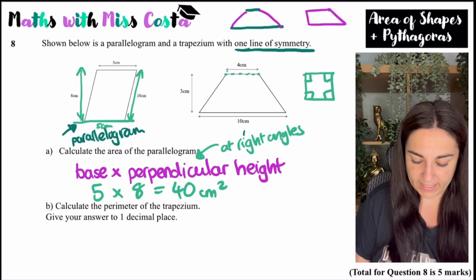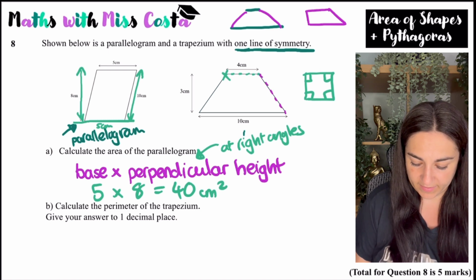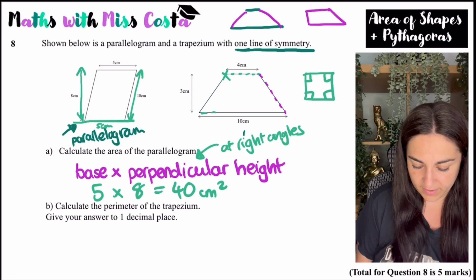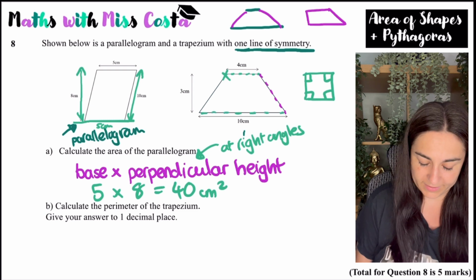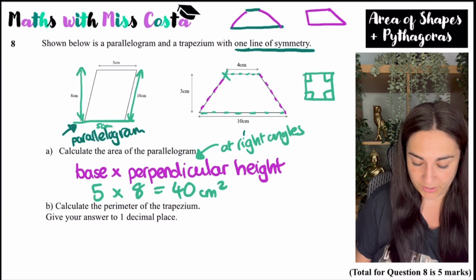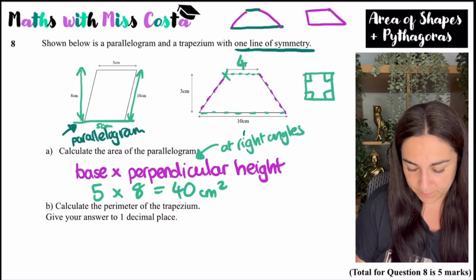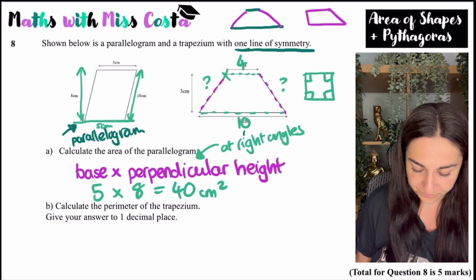If I started here and walked here, I've got 4 centimeters. Then I've got this diagonal length that I need to work out. Then I've got this length, walking in a straight line. And then this length here, which I also don't know. So the perimeter is going to be 4 plus 10 plus this, which is what I need to find out.